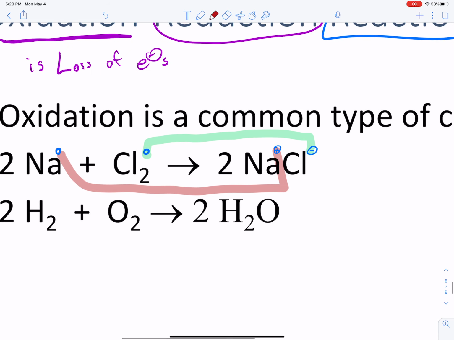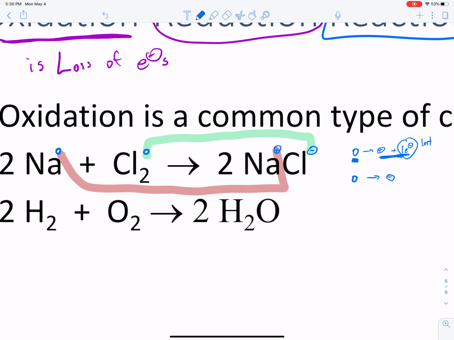So I want you to recall this. If you go from 0 to positive, then that means you're plus 1 electron on the positive end. So that means going from the reactant to the product, this is lost. When you go from 0 and you react it and you become negative, that negative has to come from somewhere.